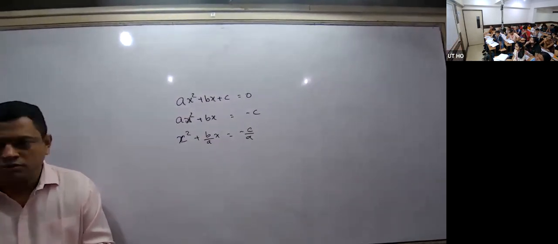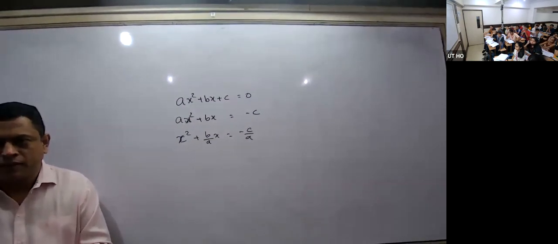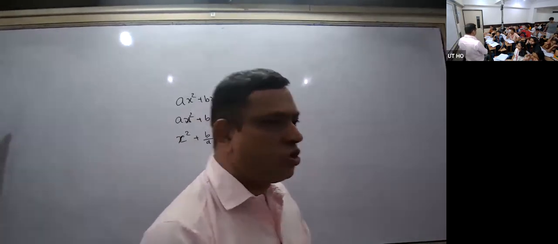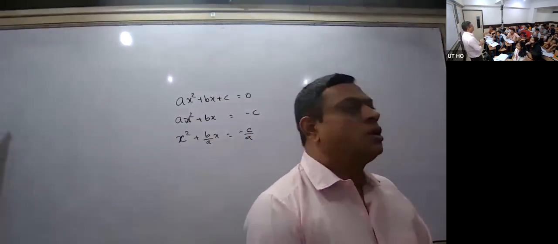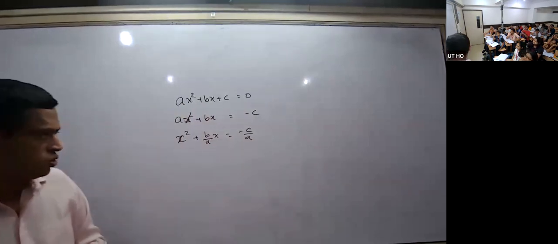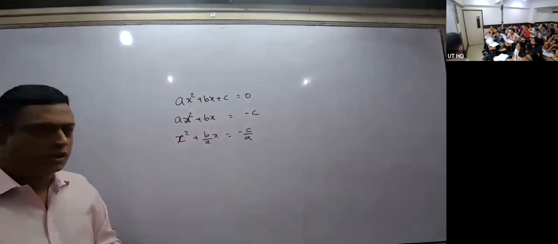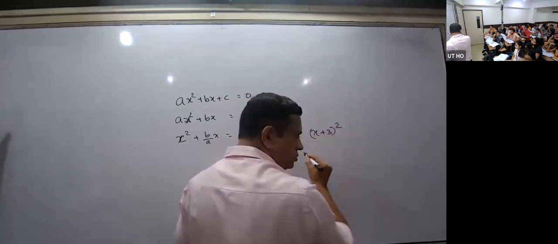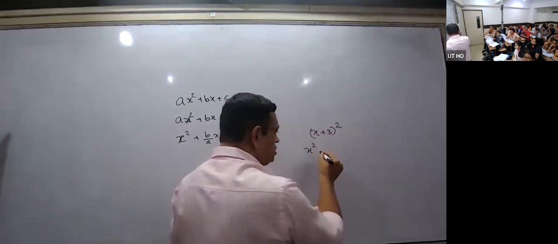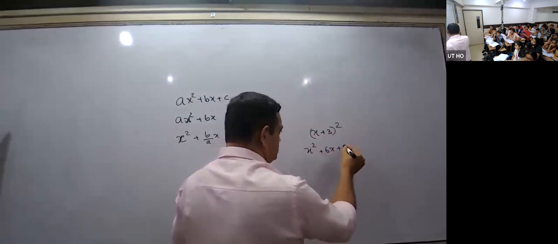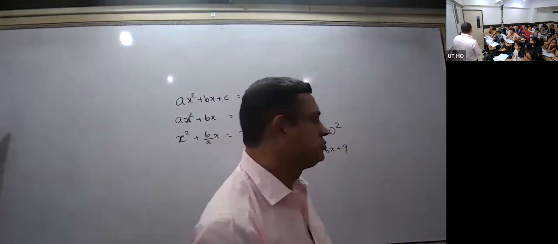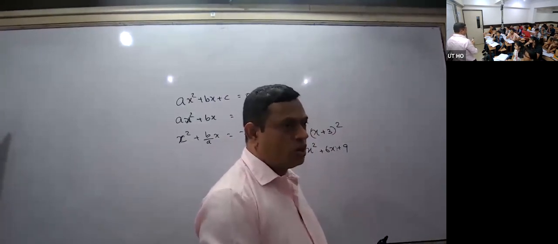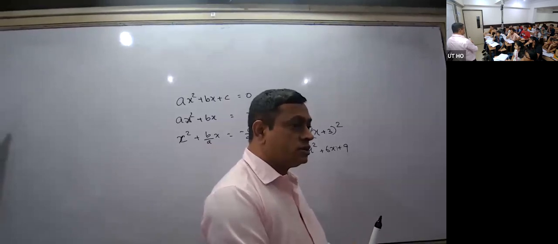Now listen carefully. These a, b, c are there. We have identities. One is (a plus b) whole square. You know what is (a plus b) whole square? a square plus 2ab plus b square. If I take the square of (x plus 3) whole square, this is x square plus 6x plus 9. What is the coefficient of x? 6. What is half the coefficient of x? 3.